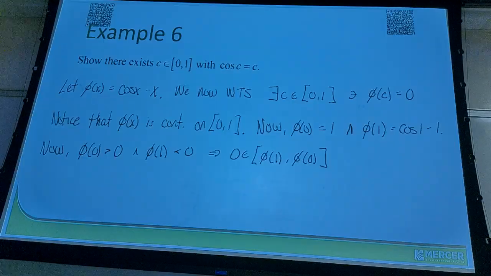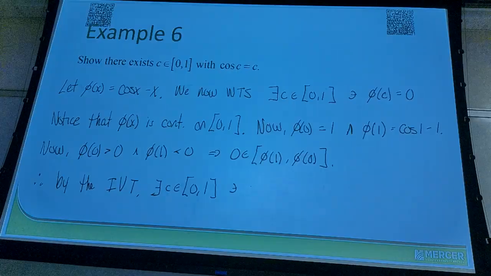Which makes 0 between phi of 1 and phi of 0. The intermediate value theorem says a C has to exist where phi of C is equal to 0.